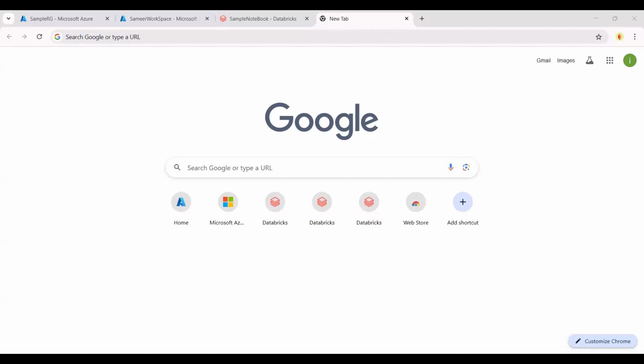We can get the data from the following sources. The first one, I can say, is social networking sites.